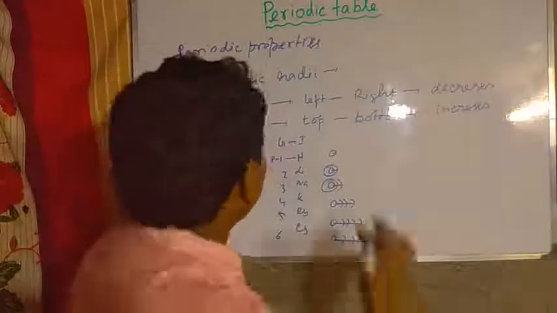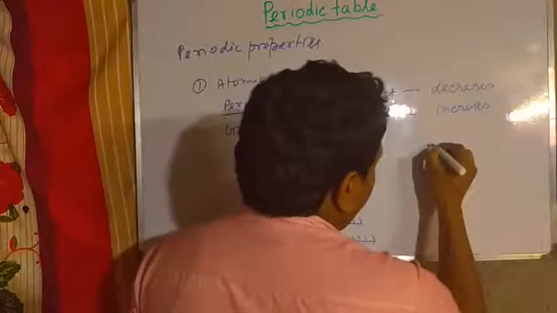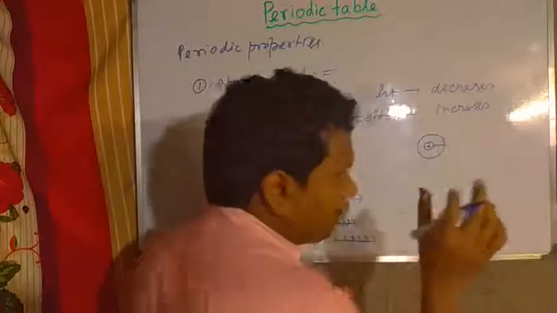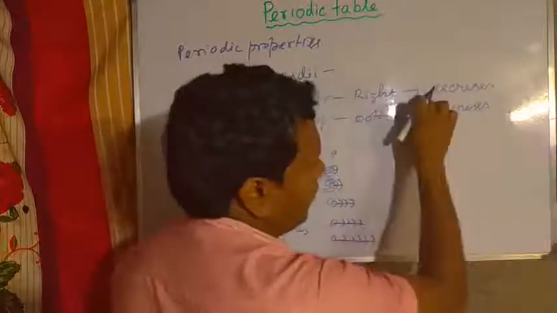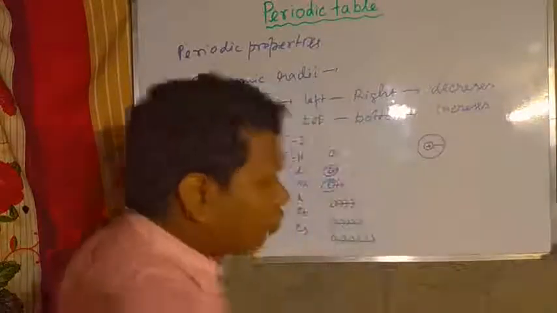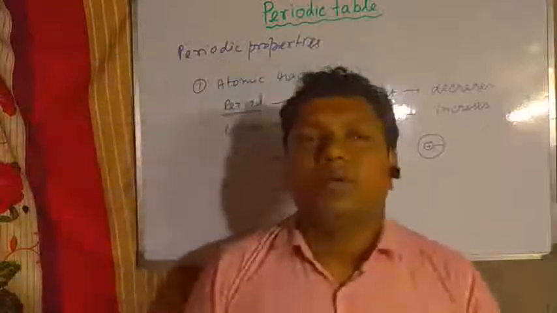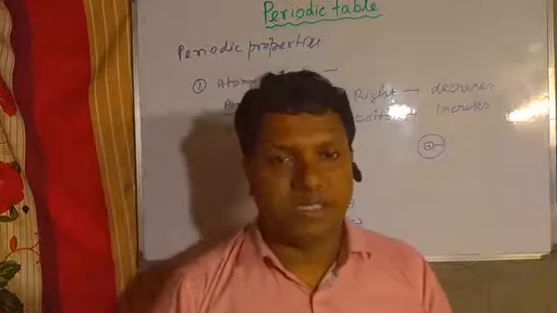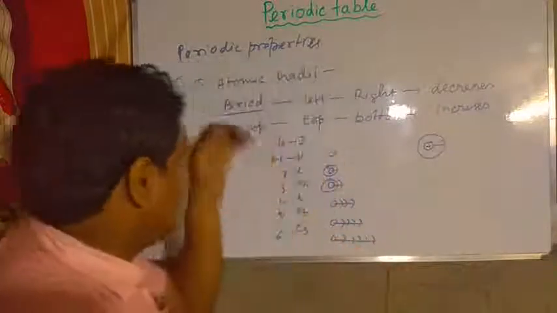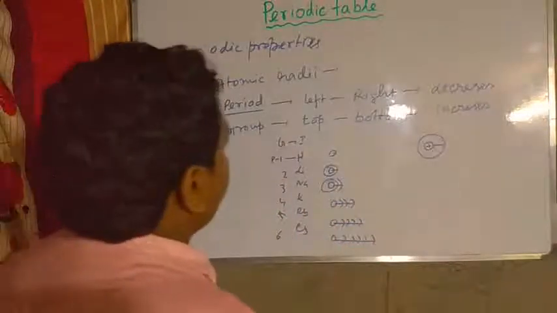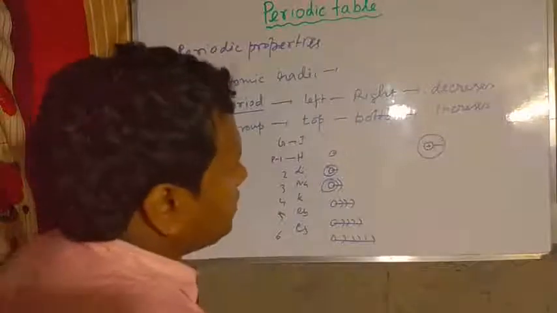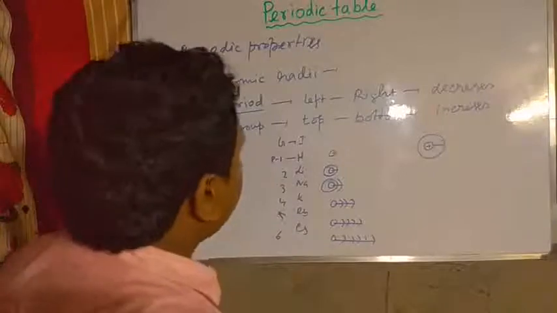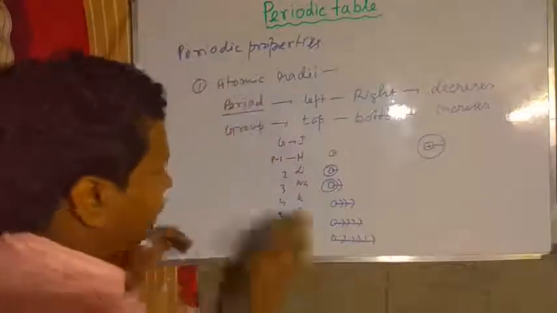From left to right in a period, the attractive force between the nucleus and outermost electrons is strong, but in a group, the attractive force between the nucleus and the outermost electron becomes less. Okay, this is the atomic radius, and these are the periodic changes in the periodic table through period and group.